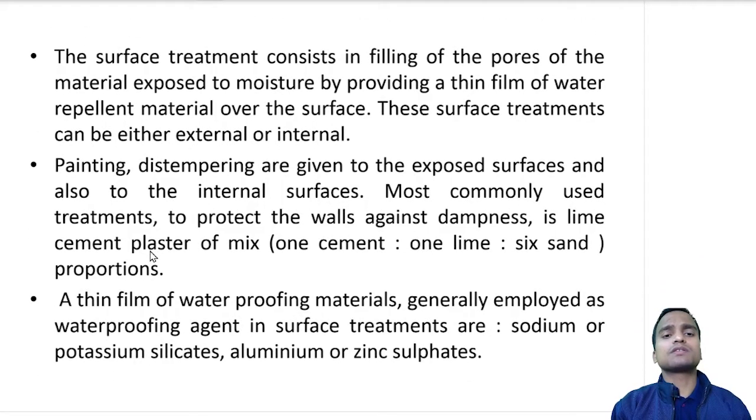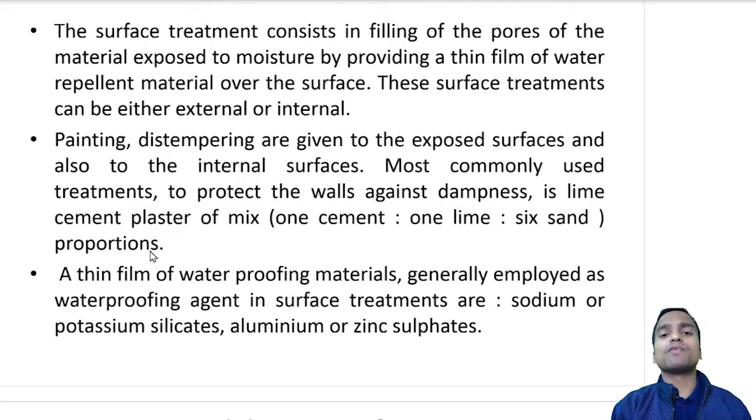Here the surface treatment consists in filling of the pores of the material exposed to moisture. This we have discussed in the negative side of waterproofing, where we provide a thin film of water repellent material over the surface, and these surface treatments can be either external or internal, meaning positive or negative.